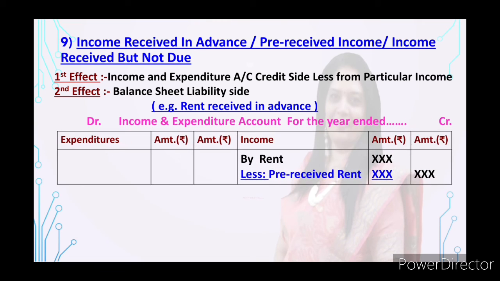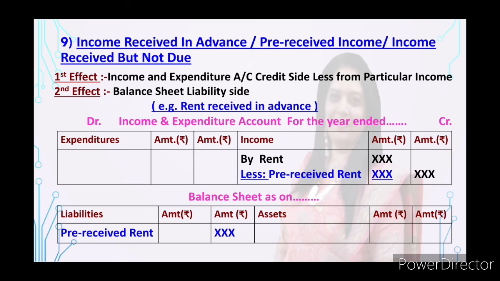So here you can see in income and expenditure account credit side, we have recorded by rent. From that rent, we have to deduct pre-received rent, and after deducting, you have to record the amount in the outer column. In balance sheet liability side, you have to record pre-received rent.